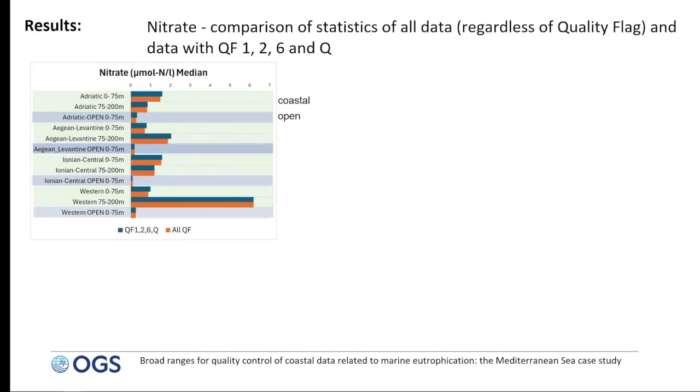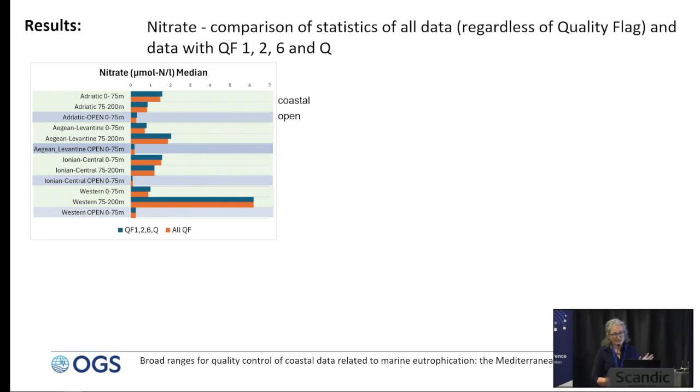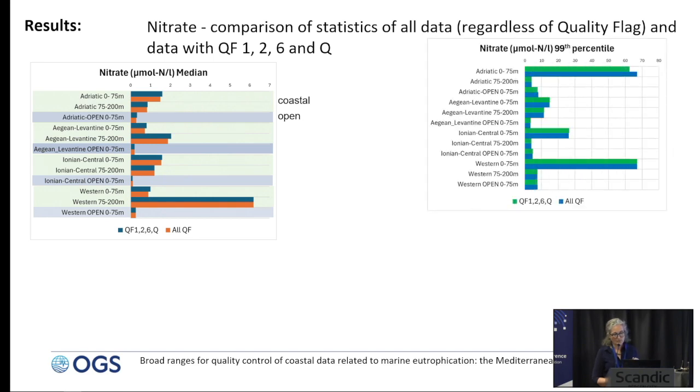So what we ended up with, this is, for example, just nitrate, one of the nutrient concentrations, in the different sub-basins, the 4 sub-basins, in the coastal waters, the green on the top, in the 0 to 75 range and the 75 to 100, and in the open waters.